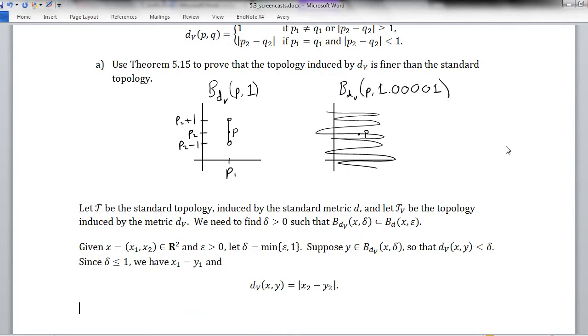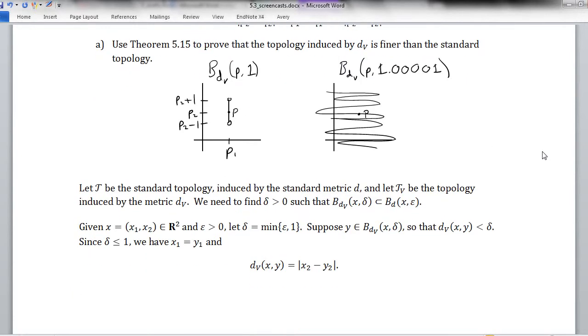Good. Okay. Well, I need to show that y is contained in this open ball in the standard metric, so I need to show that the distance d of xy is less than epsilon. Okay, so let's try and calculate that.